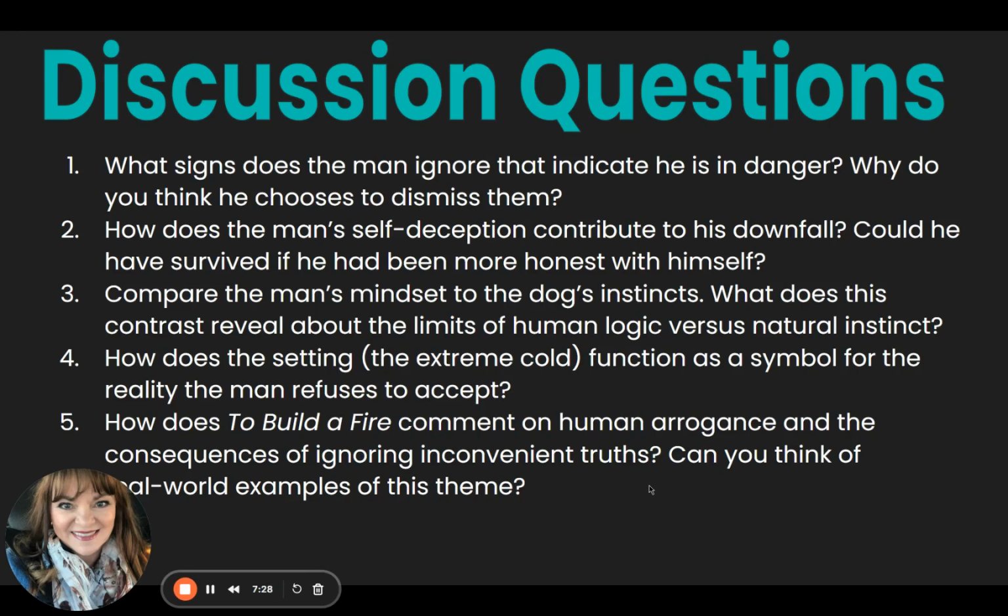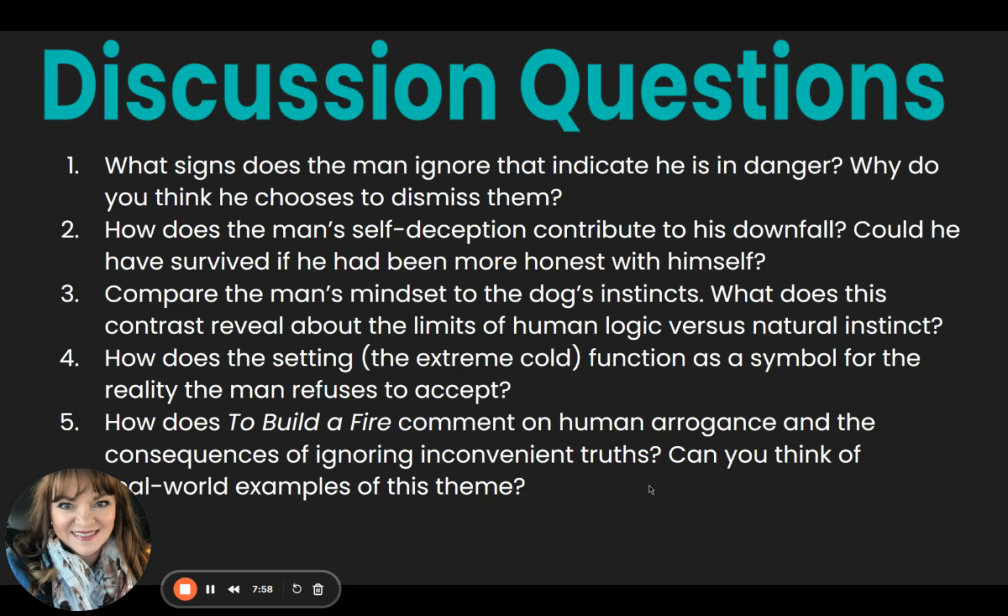How does the setting, which is extreme cold, function as a symbol for the reality the man refuses to accept? And how does To Build a Fire comment on human ignorance and the consequences of ignoring inconvenient truths? This unit is called Uncomfortable Truths, but uncomfortable also sometimes means inconvenient in this setting anyway.